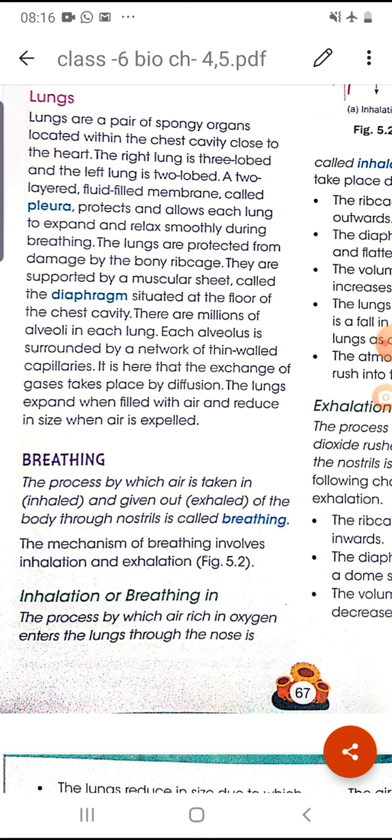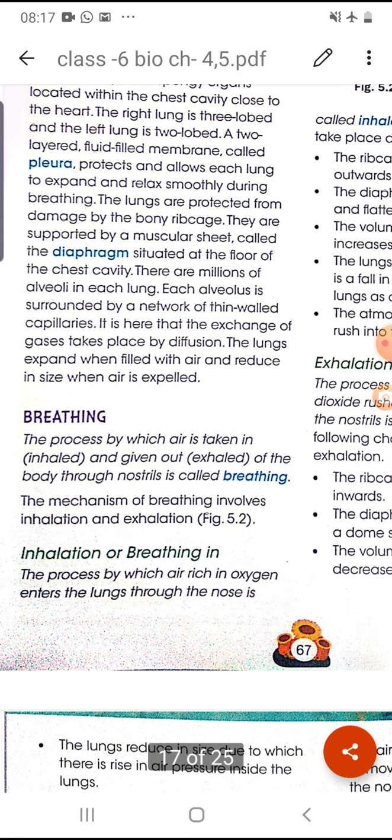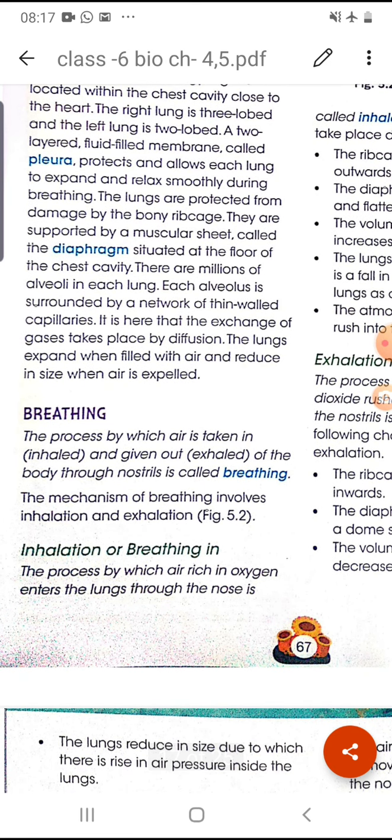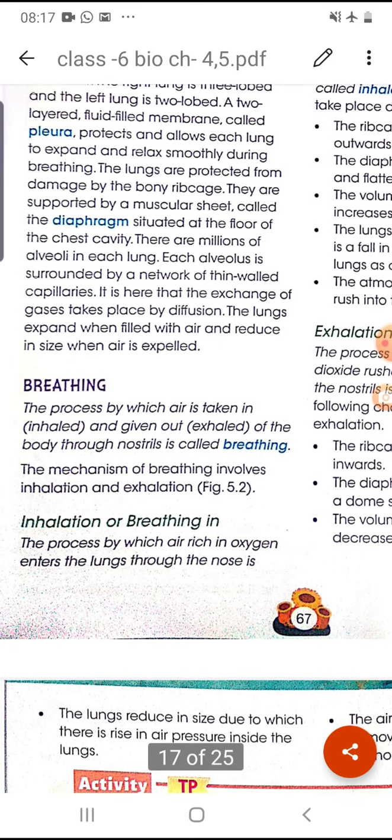So what is the membrane of the lungs? That is the pleura. What is the function of this membrane? It protects the lung and allows the lung to expand and relax smoothly during our breathing process. The lungs are protected from damage by the bony rib cage, because in the chest cavity we have the rib cage.